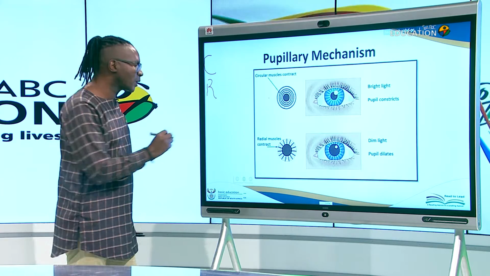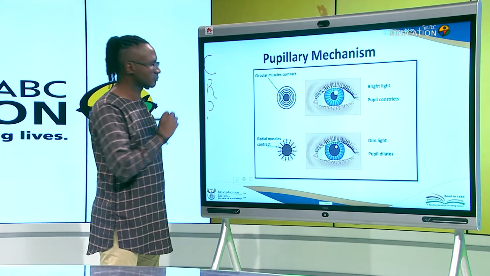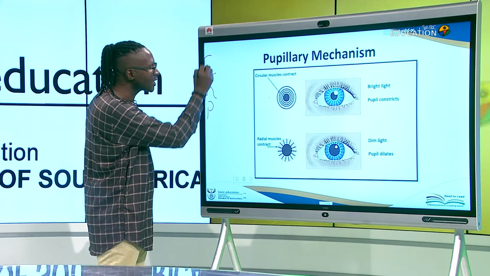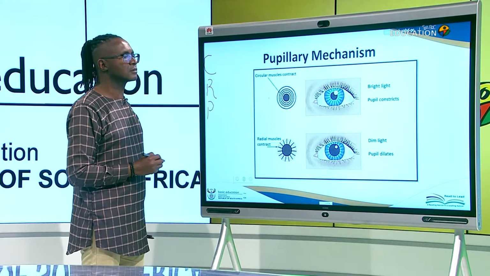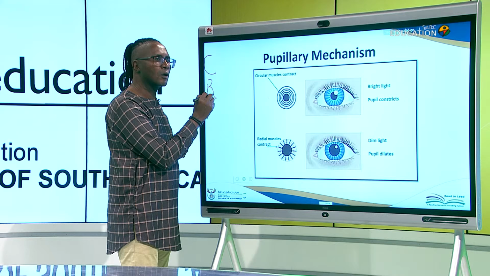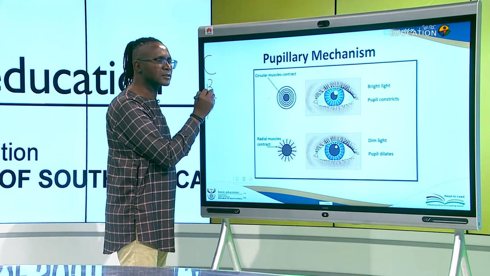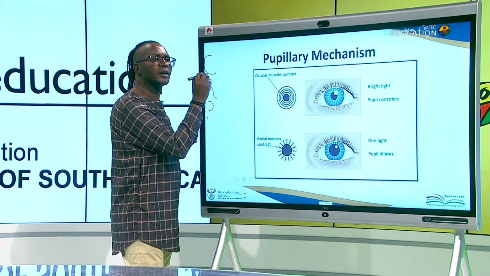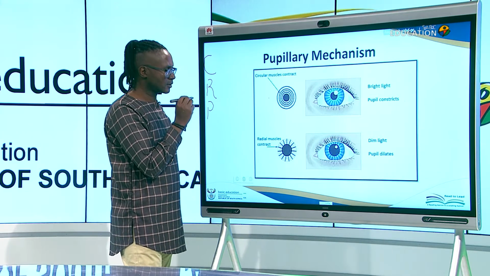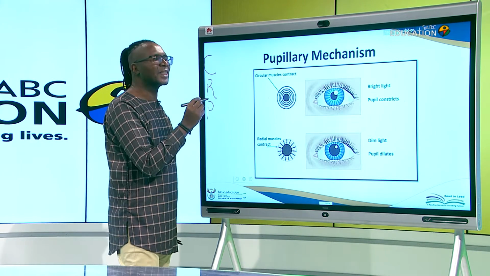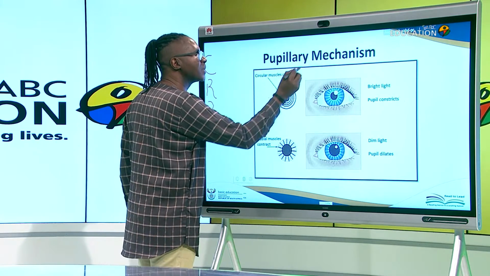Then what's going to happen to the pupil? 3 marks. You have to tell me about this part. What will the radial muscles do when I'm driving at night? What will the circular muscles do? And what is the action of the pupil? That's the reason why we talk about the pupillary mechanism.